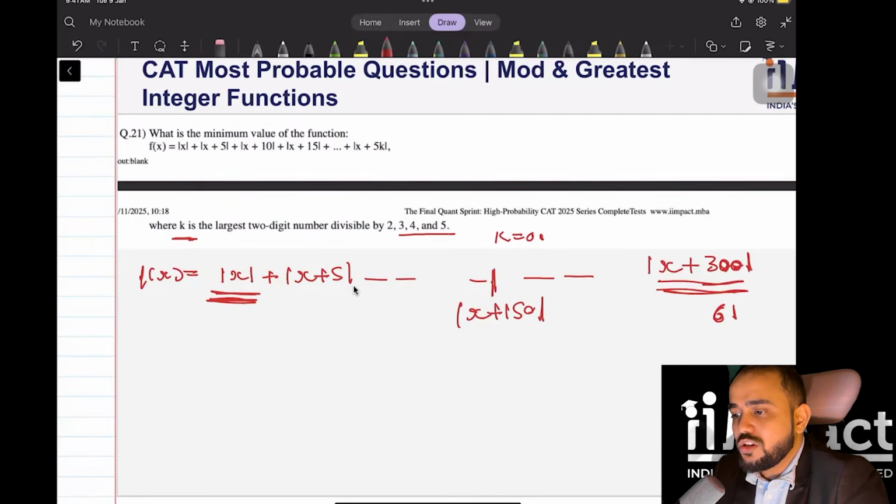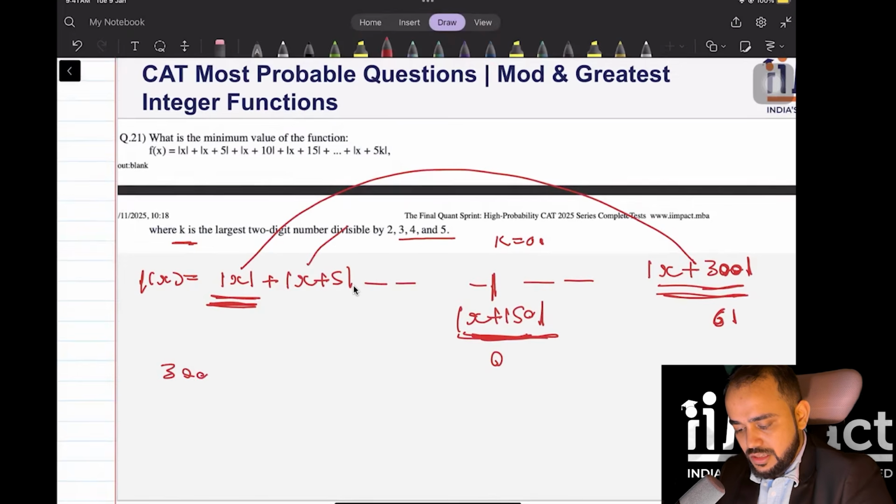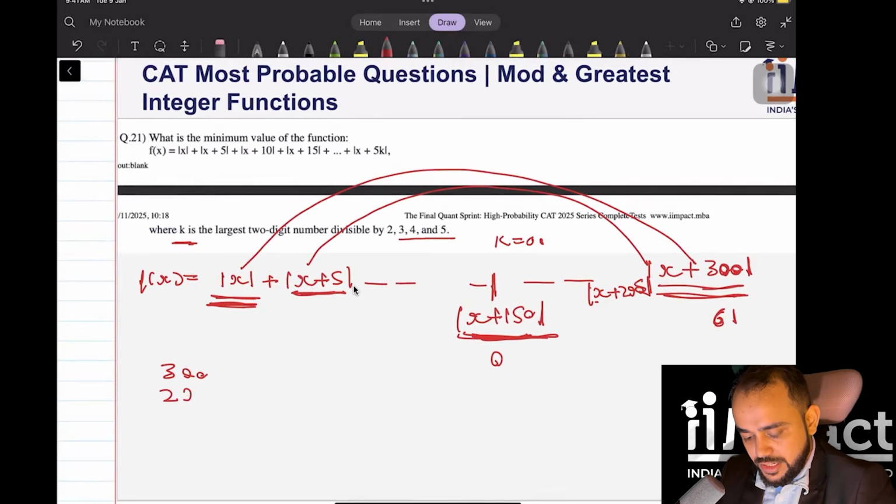So if I put x is equal to minus 150, make this 0, I should get my answer. The other thing is, when I do this, this will be 0. This sum of mod of x plus 5 and x plus 295, this mod sum is going to be 290.